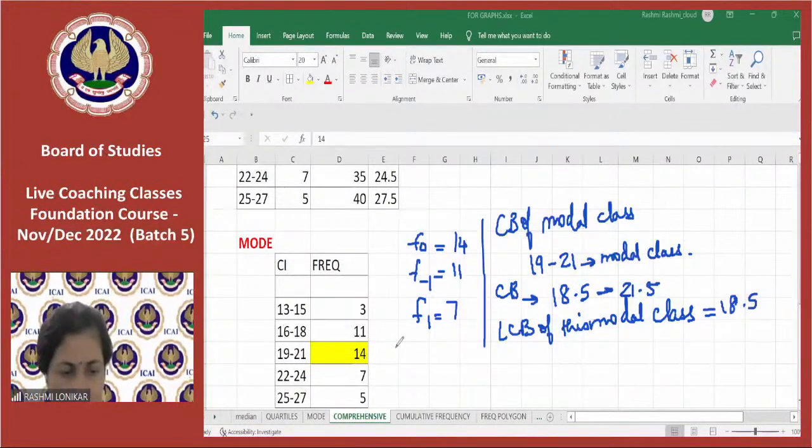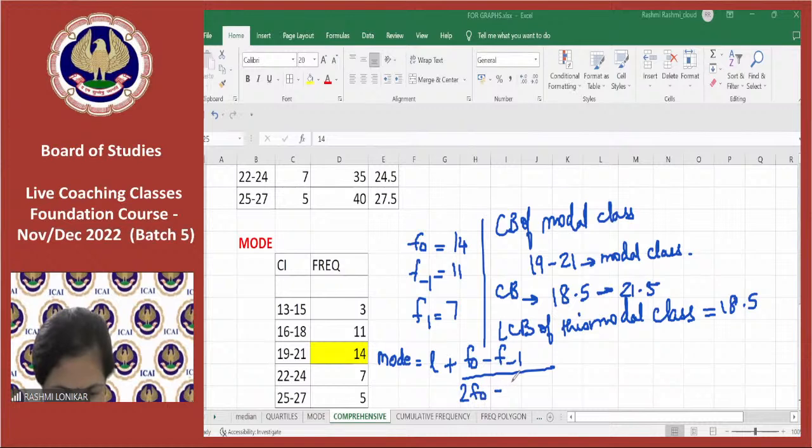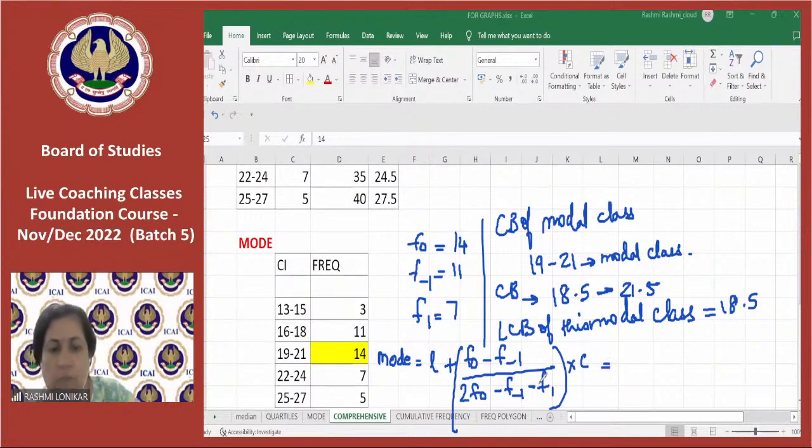So now I can find mode, which is equal to L plus F0 minus F of minus 1 upon 2 times F0 minus F of minus 1 minus F of 1, into C. Now how much is L? L is 18.5, we just found out.